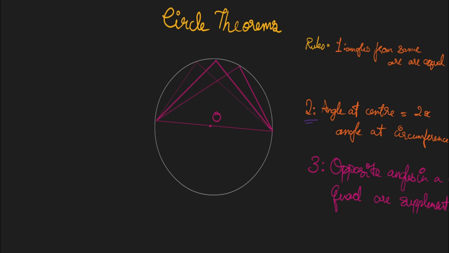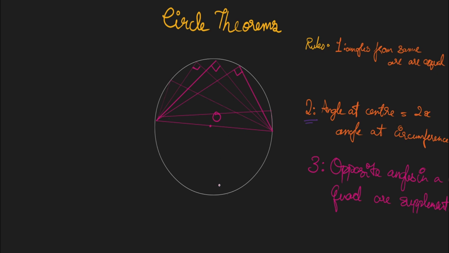So what that means is this apex angle here is a right angle, and this forms a right angle triangle. Even if I make a triangle here, here, it's all going to be 90 degrees.